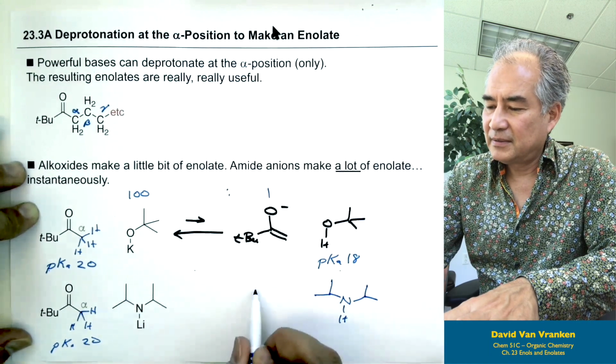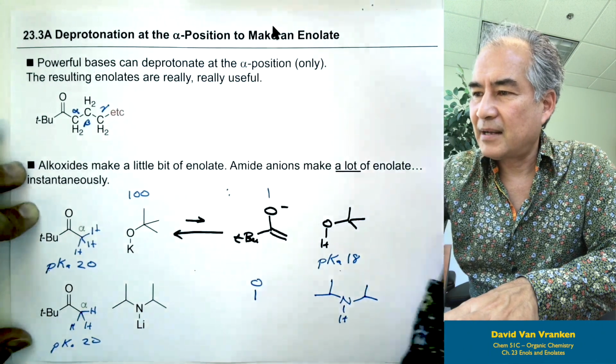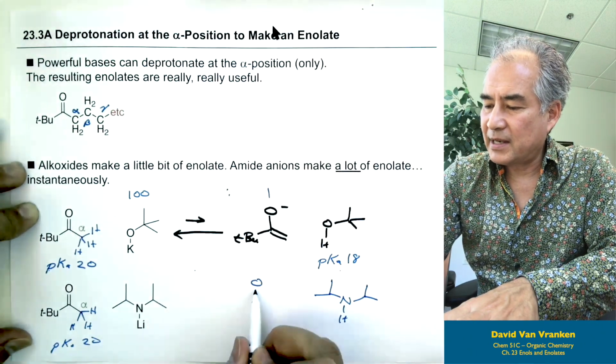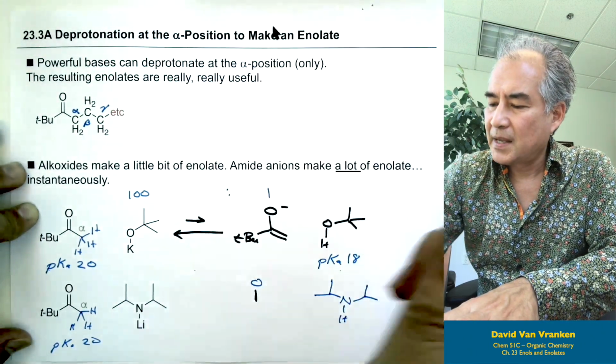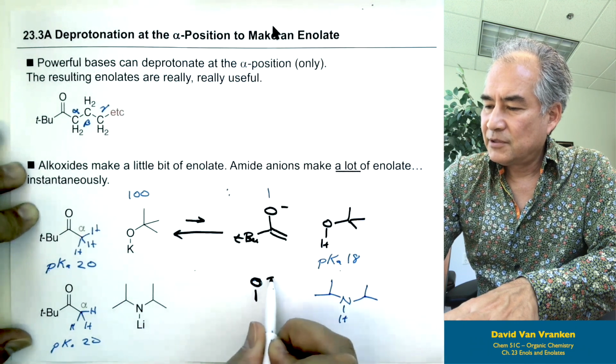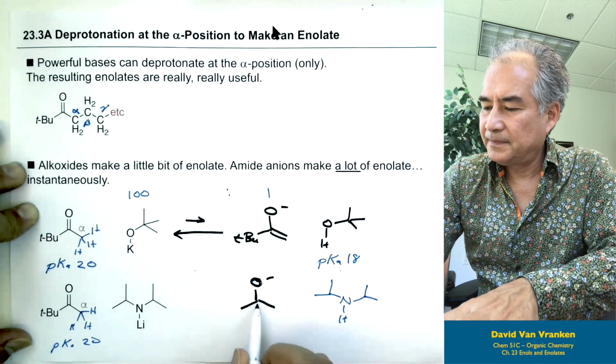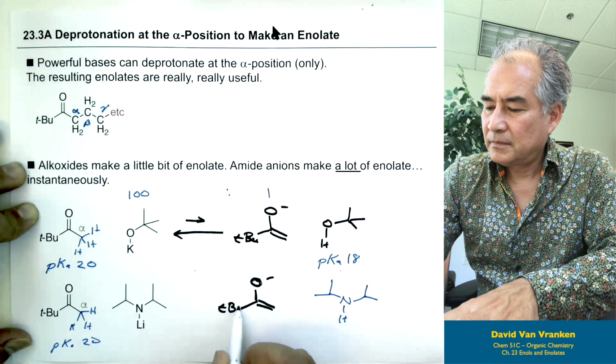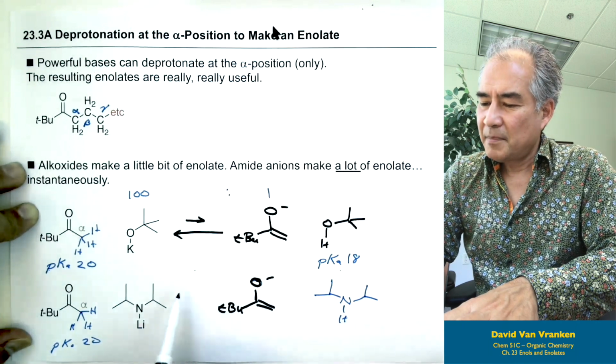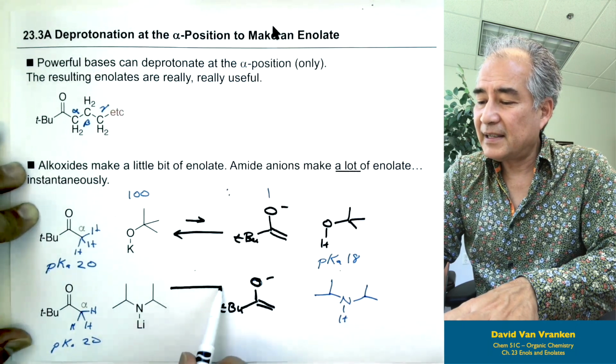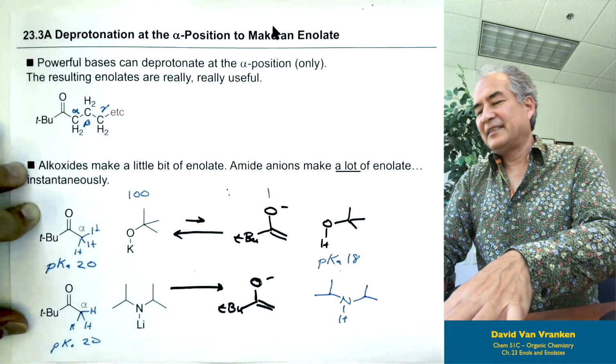So now let me use my black pen here. My enolate is going to have this same structure. That won't be any different. But the equilibrium will now very heavily lie on this side.